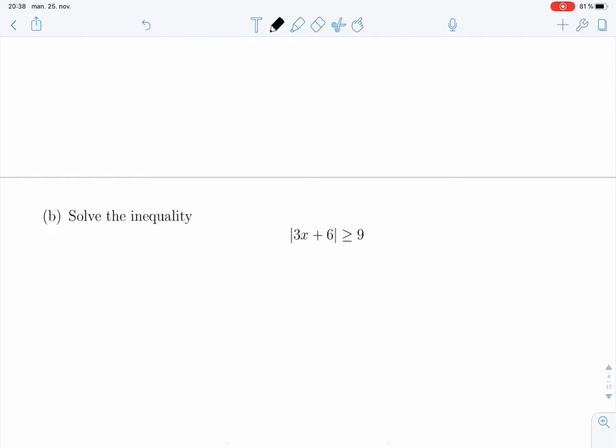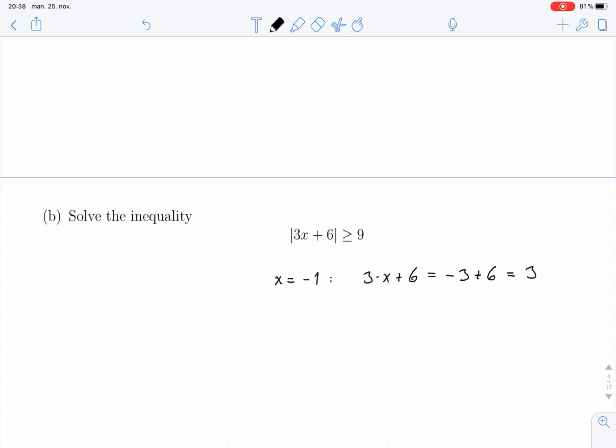Okay, B. B is an inequality. Here we need to be a little bit careful, because if we insert, for example, x equals -1, then 3x plus 6 gets -3 plus 6, which is 3.